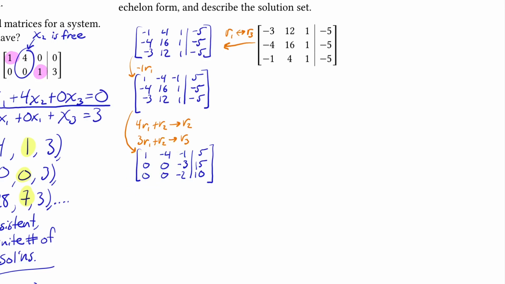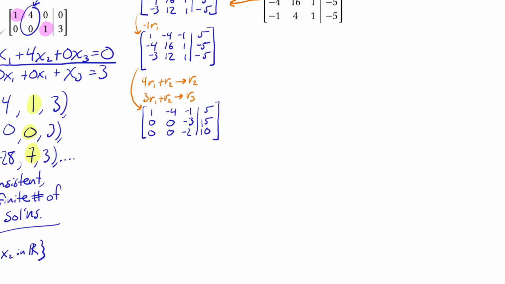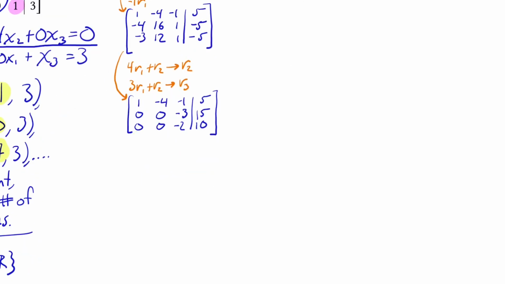So we're going to skip ahead to x3 and making this term here become 1x3. To do that, we're going to scale row 2 by negative 1/3.